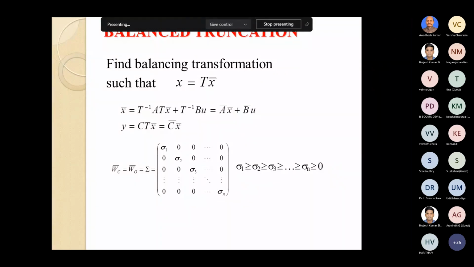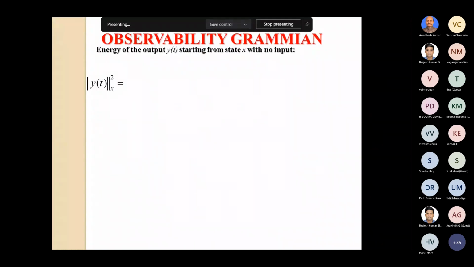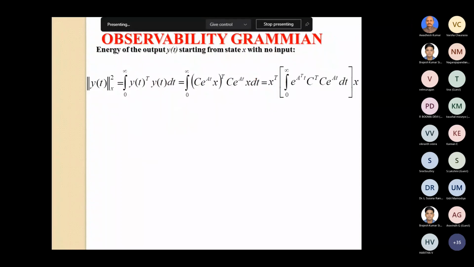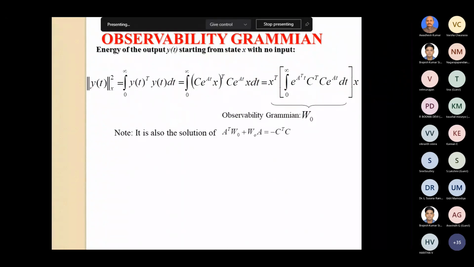Let us again take this transformation, x is equal to T x cap, and see how the eigenvalues and singular values are found out. If you do this transformation, we'll be able to get this, and there are terms like observability gramians and controllability gramians. A lot of mathematics is involved.